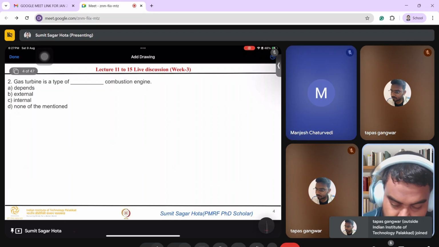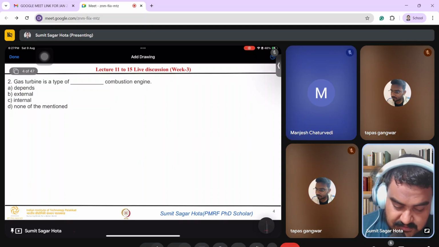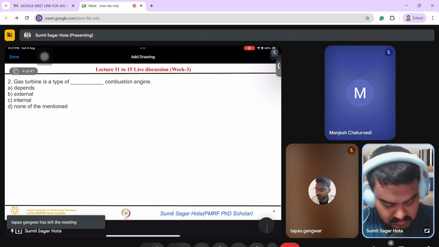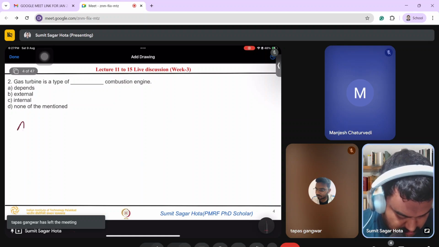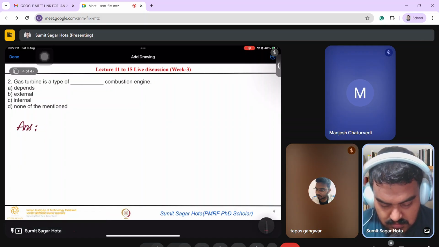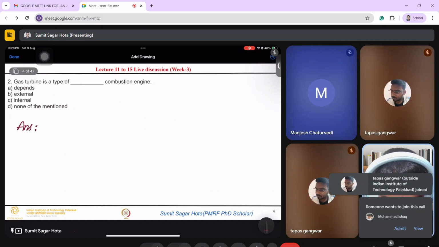Next, gas turbine is a type of gas combustion engine. Gas turbine is always an internal combustion engine, because combustion takes place inside the engine.